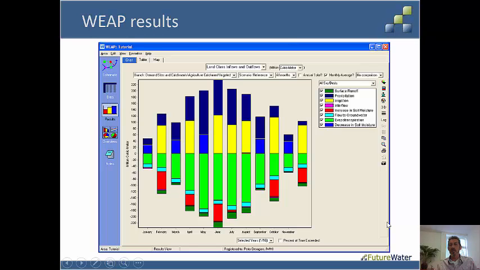So very clear, of course, what's input is precipitation in blue and irrigation in yellow. And what is happening with that input, most of that is of course used for evapotranspiration by crops.